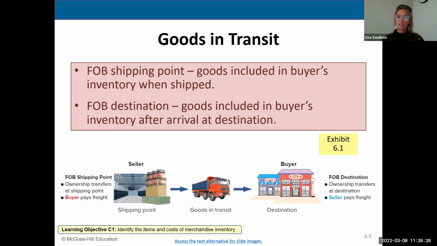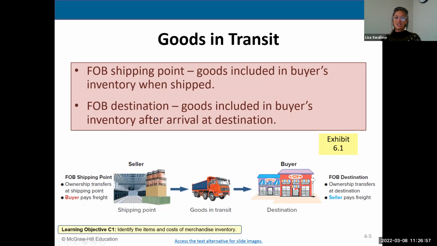The buyer is paying for it. So the minute that those products are turned over at the shipping point, the buyer's paying the freight. Therefore, it's included in the buyer's inventory. It's not in my warehouse right now because it's in transit across the sea from Algeria, but it's still going to be included in my inventory. Free on board shipping point: the buyer pays the freight.